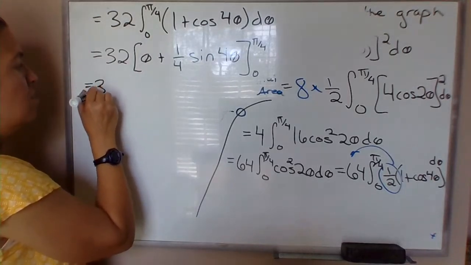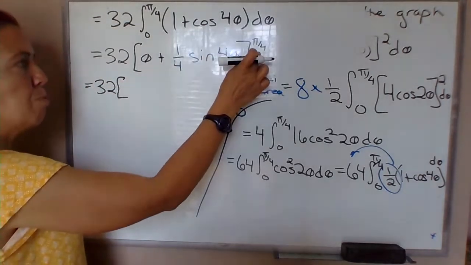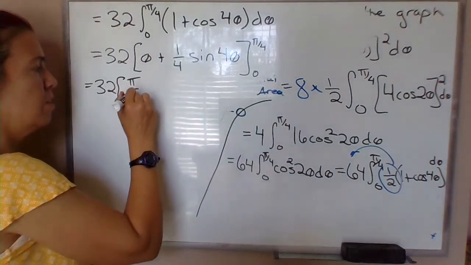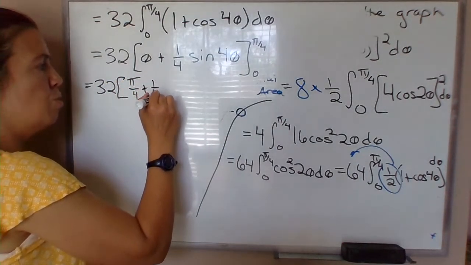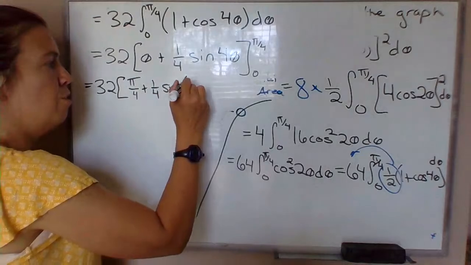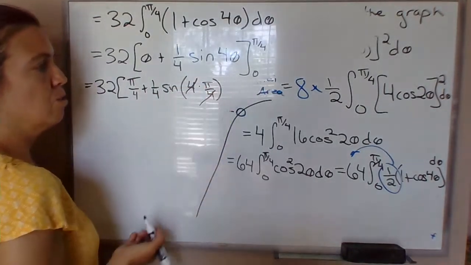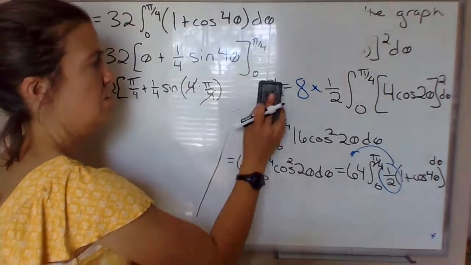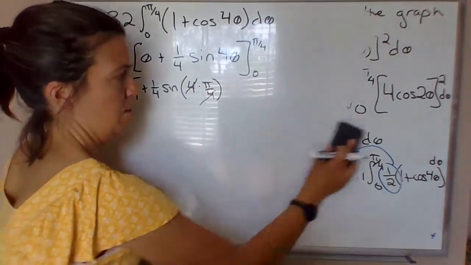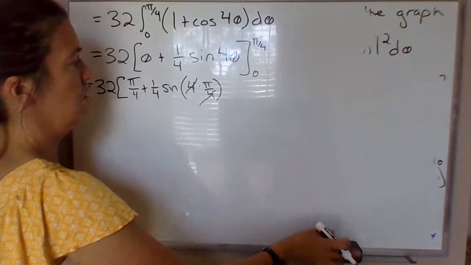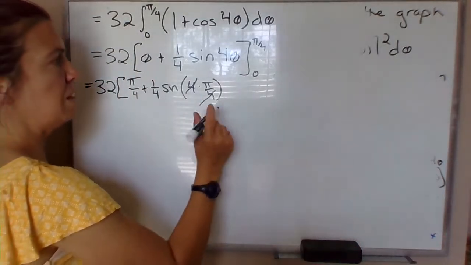Okay, so now I can substitute the limits of integration. So pi over 4 plus 1/4 sine of 4 times pi over 4. So sine of pi. Okay, and we'll come back to that in a minute.